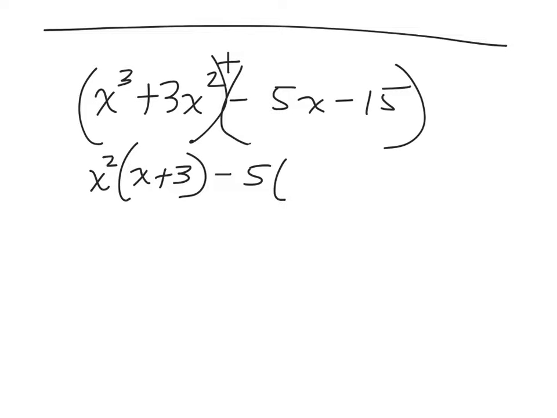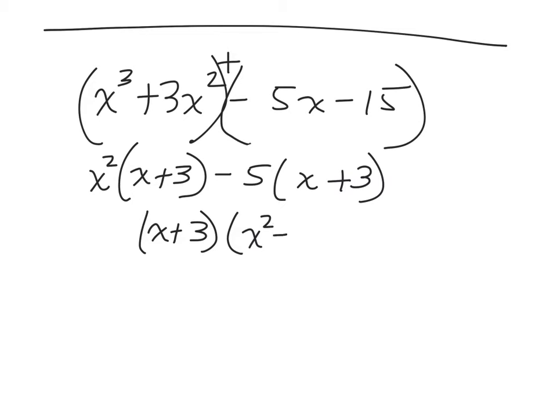If I factor a negative 5 out of negative 5x, it's going to leave x. If I factor a negative 5 out of negative 15, it's going to leave plus 3, and now my parentheses do match up. So if you need your signs to switch, switch the sign on what you're factoring out. Here our answer would be x plus 3 as one factor and x squared minus 5 as the other.